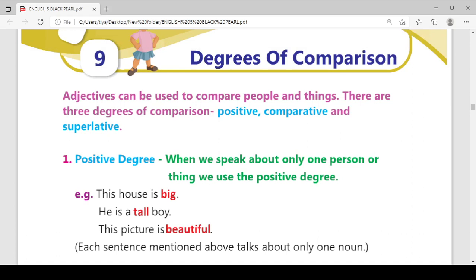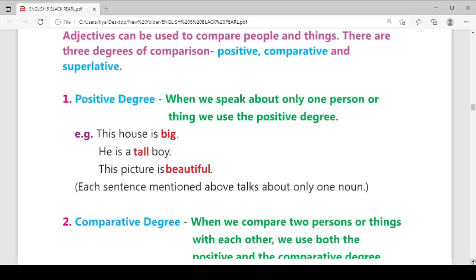Or you want to compare between two things, like you have tea or coffee, and you want to say I like tea more than coffee. So this is just a comparison between two things. Whenever you want to compare, you just need to understand that this is the comparative degree. We need to use the comparative degree in comparison.